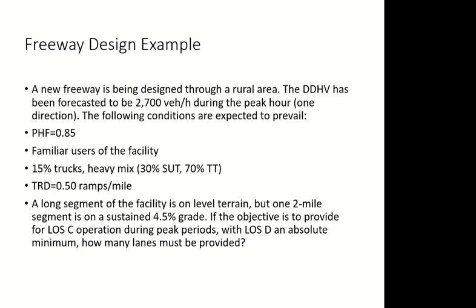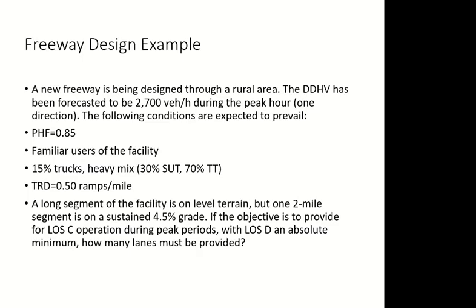So there's upward gradient and there's downward gradient as well. One direction has upward, the other one is downward. This is how we have three terrain conditions: level terrain, upward 4.5%, downward 4.5%.